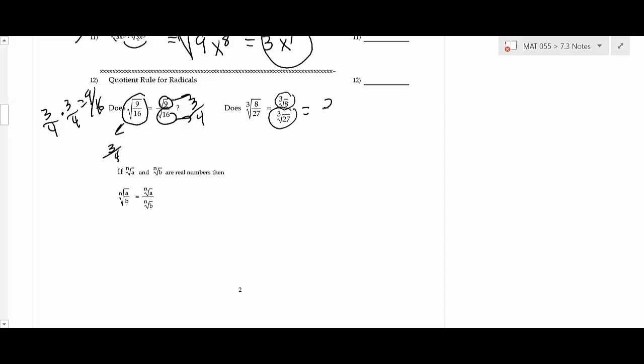So what would be the answer to this problem? The cube root of 8 is what? 2. The cube root of 27 is what? 3. The reason that's the answer is because if you took 2/3 and multiplied it out 3 times, what would that give you? 8 over 27. So it checks. If you just did 9 divided by 16 and took the square root, you could, but you'd get a bunch of decimals and would probably need a calculator.